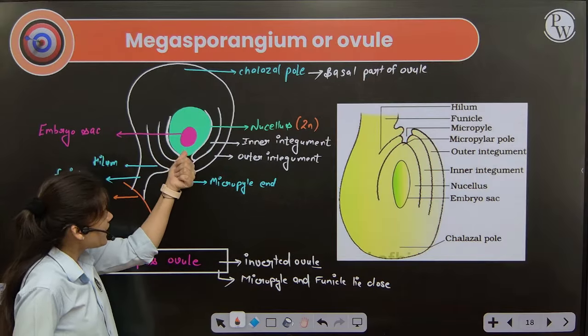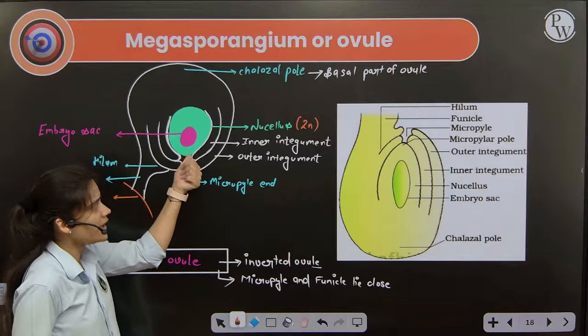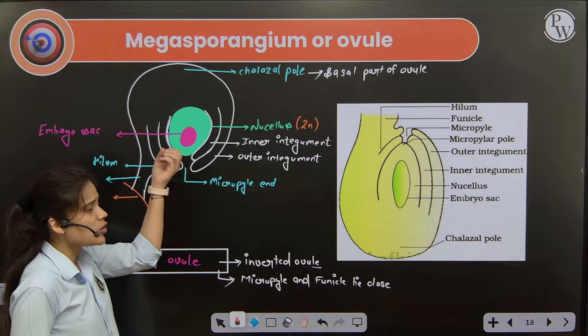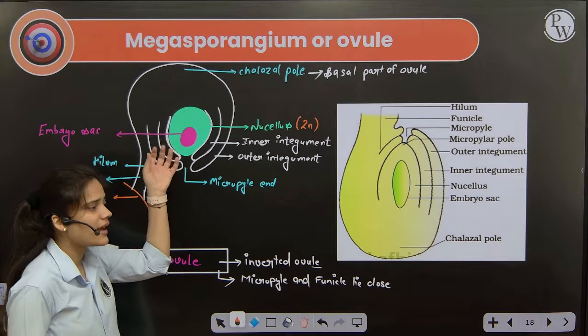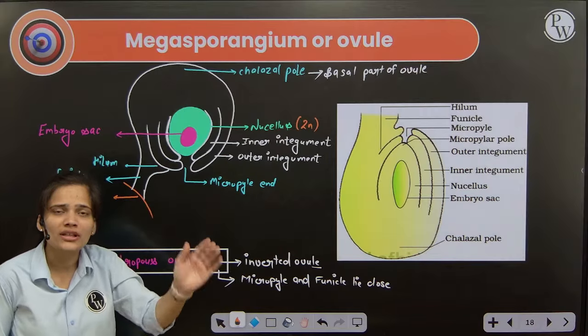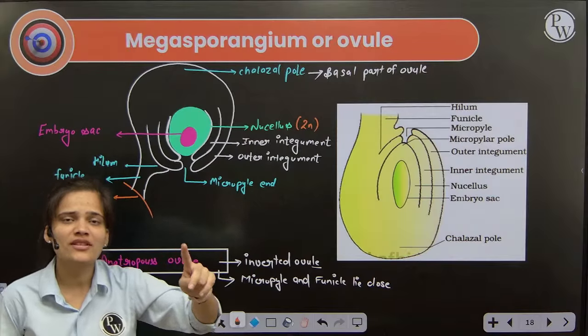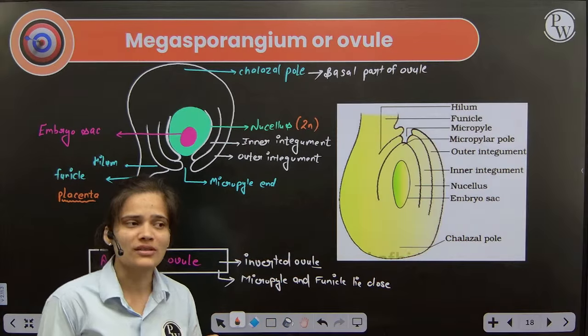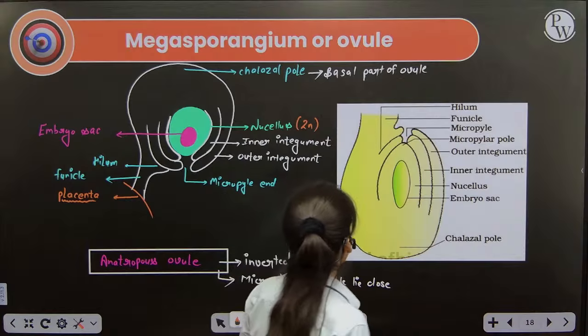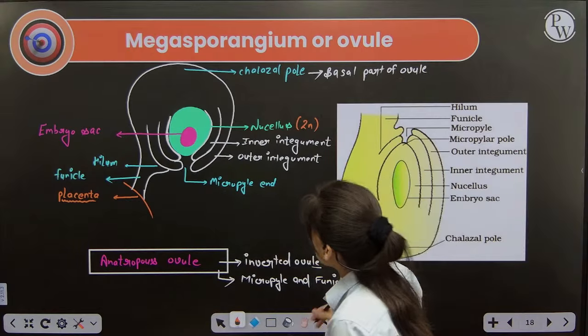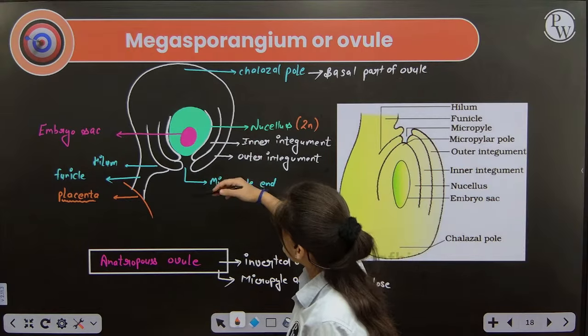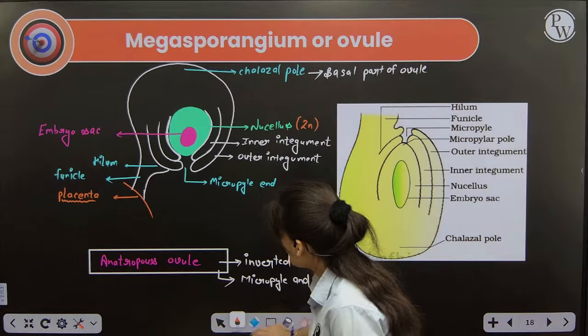That is present towards the micropyle end. That cell grows in its size and that cell acts as megaspore mother cell. That means that cell going to undergo meiosis division to form female spores, that are megaspores. So this is about ovule, and basal part is which is present opposite to micropyle.